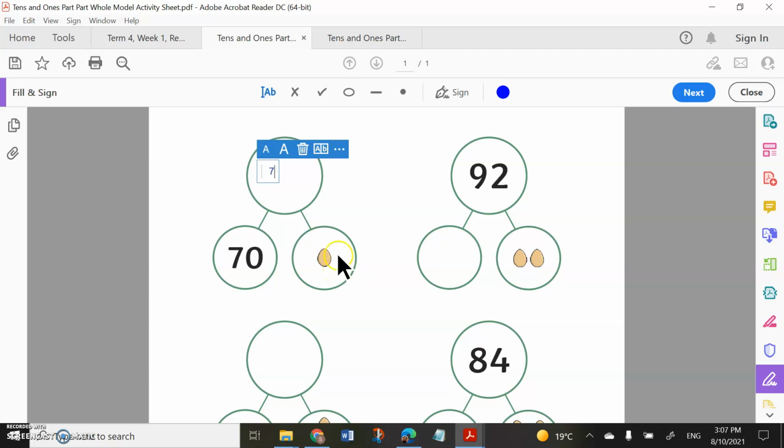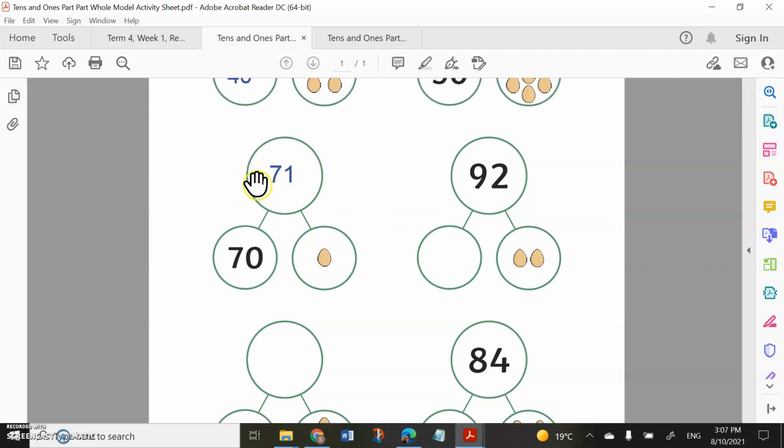Nice and easy to count for us over here. There's only one little eggy. So there's a 1. He's in the ones, so I'm going to put the 1 there. 71. That's great. Look at that. So 71 is made up of 70 and 1. So 7 tens, 1 one.